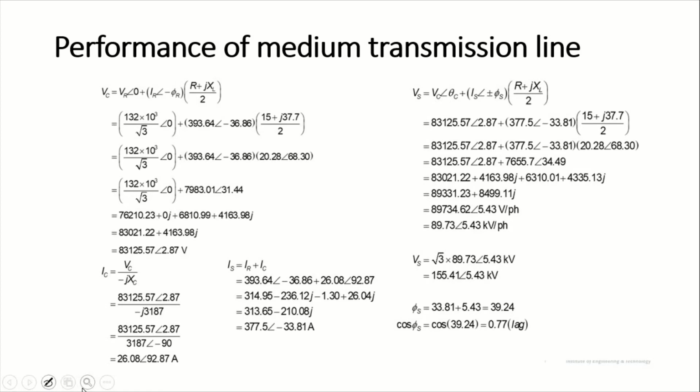Next we have to find the value of the capacitance voltage Vc. The value of Vc we can find by using this equation. Vc is equal to VR angle 0 plus IR angle minus phi R into R plus jXL by 2.